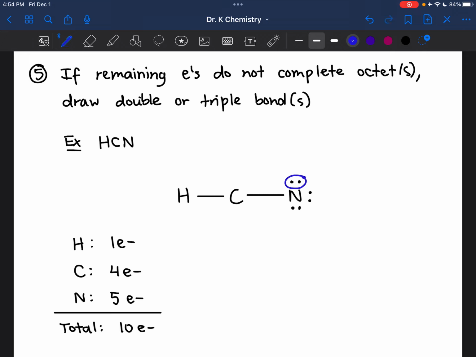So what I'm going to do is take 2 lone pairs of electrons from nitrogen and use them to make a double bond. This helps. Carbon now has access to 6 valence electrons, but it's not quite happy with that either. So I'm going to take the remaining lone pair of electrons from nitrogen and use that to make a triple bond.